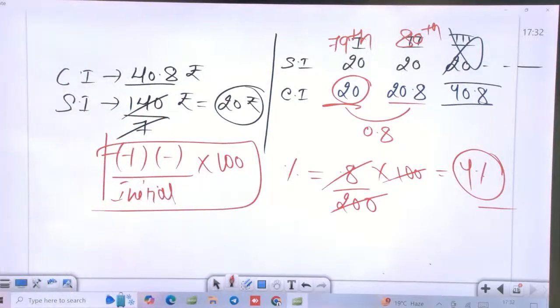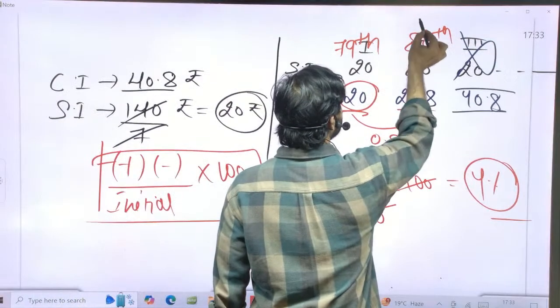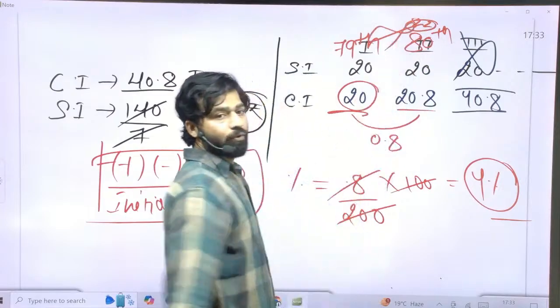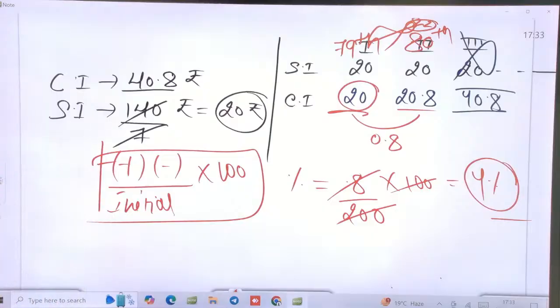Got it now? But the condition is the years must be consecutive. It's not like this is 79 and this is 82 or something. In that format we cannot find it. The years must be in order like first, second, third, fourth, fifth, sixth, seventh, eighth, ninth, 10th, like this.